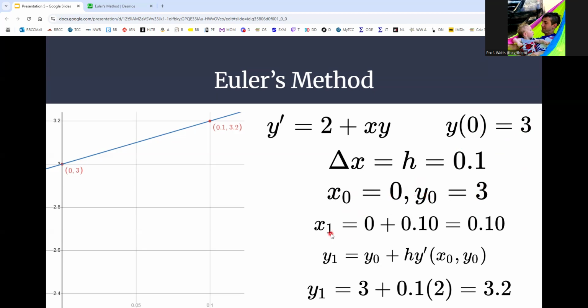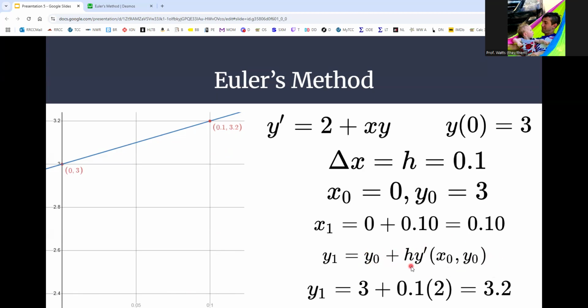And to get the new x value, I just take the old x value and add on the change in x, or h, or step size. So 0 plus 0.1 equals 0.1. So my new x value is 0.1 because I moved from 0 to 0.1. Now for the y value, I need to take the old y value, y naught, and I need to add the change in y.